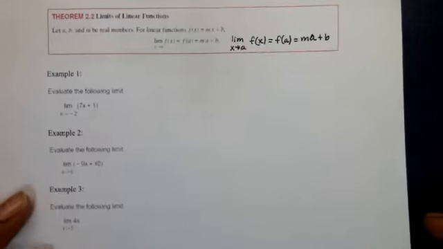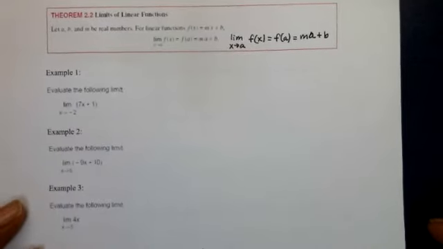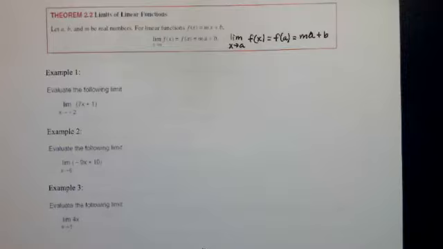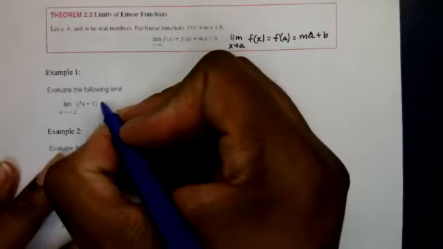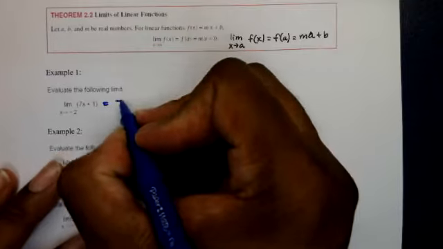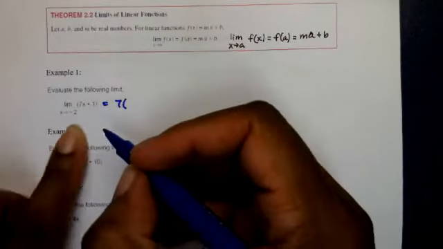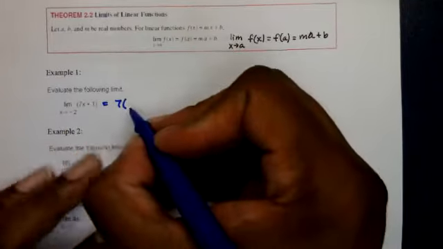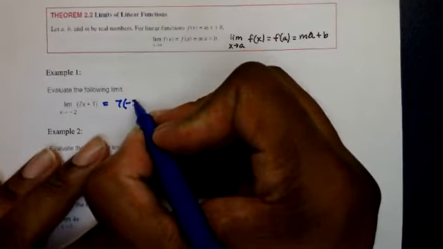So in these examples, let's say we want to evaluate the following limit, in this case, the limit as x approaches -2 of 7x plus 1. All right, in this case, all we do is just do the direct substitution because it is a linear function. So we substitute our x in 7x plus 1 with the -2.